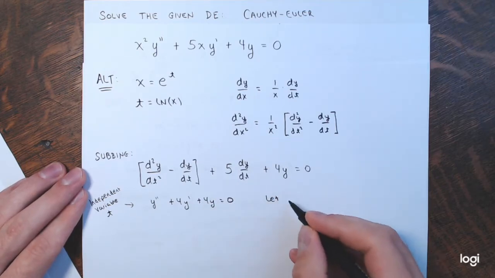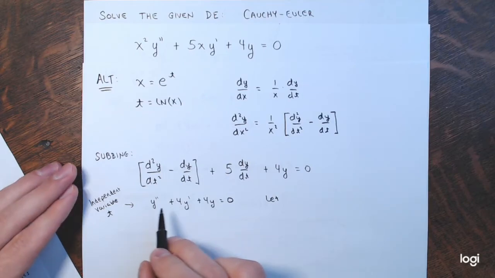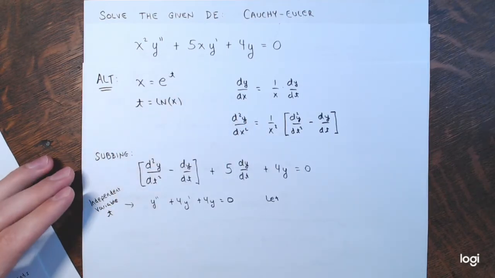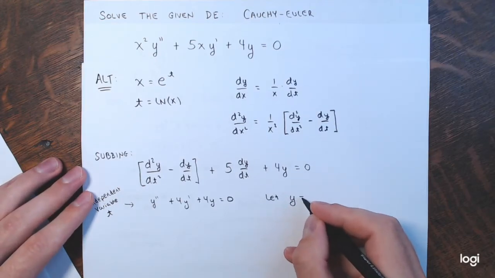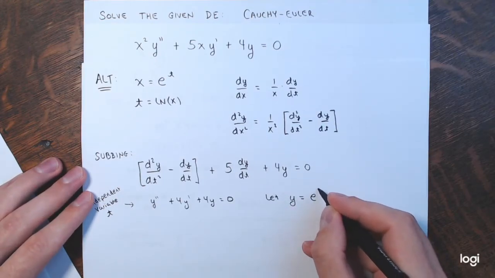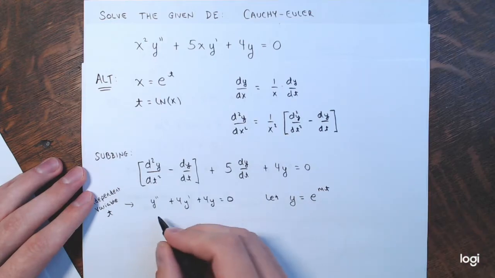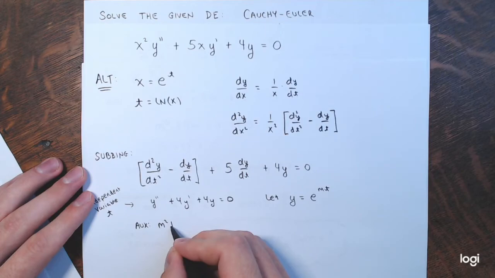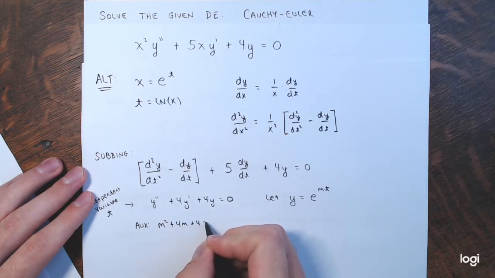So I have y double prime plus 4y prime plus 4y equals 0. Now I have a differential equation with constant coefficients, right? All those x squared, x are gone. So in that case, I let y equals e to the mt, get the auxiliary equation, m squared plus 4m plus 4 equals 0.